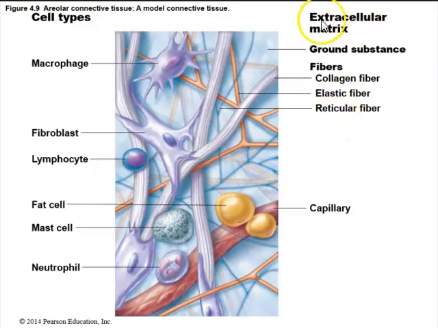So the extracellular matrix is composed of ground substance, which is that gel-like substance, and the 3 different fibers: the collagen fibers, elastic fibers, and reticular fibers. We can see the fibroblasts, which help secrete the matrix, and then we can see mast cells as well as other cells.